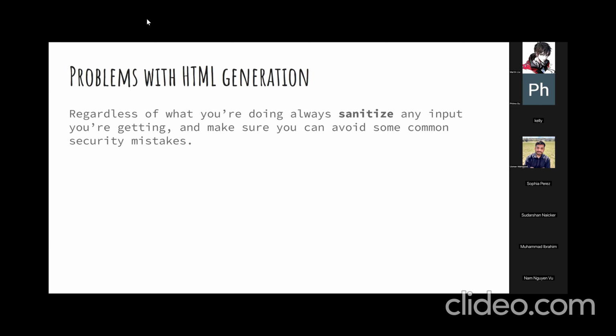The problems with HTML generation is that you're always going to be sanitizing any input you're getting, and you would want to make sure you avoid some common security mistakes, since if there are any errors, they can occur in the file itself, and it might not even function properly.